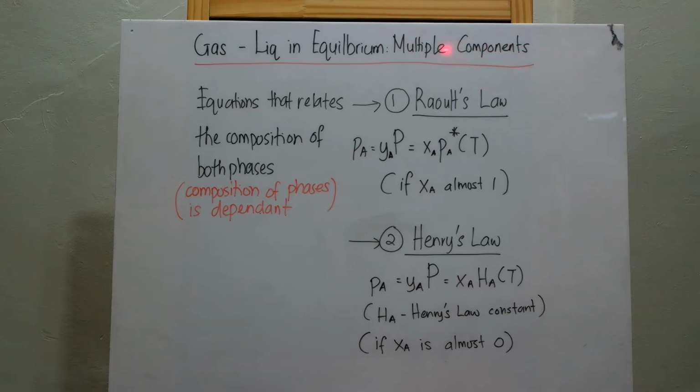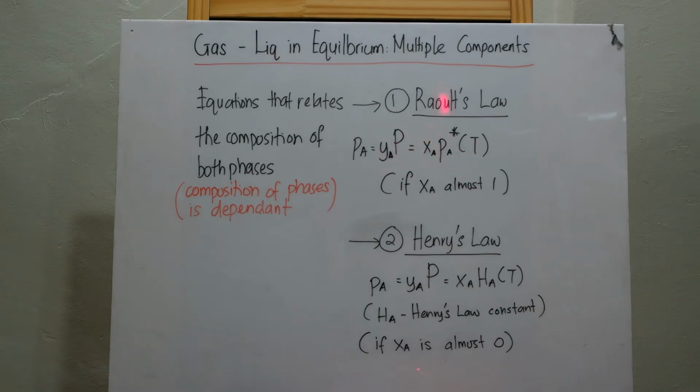Okay? So when we go into multiple components, there are two laws that we will look at, that is Raoult's law and also Henry's law. Raoult's law and Henry's law are equations that relate the gas phase and the liquid phase. You can see this equation. This part is for the gas phase, which is in equilibrium with the liquid phase.